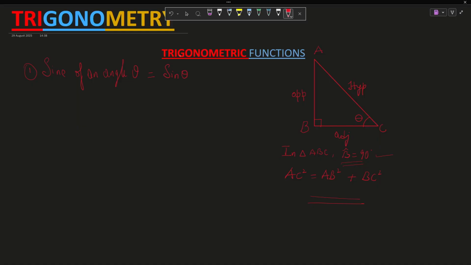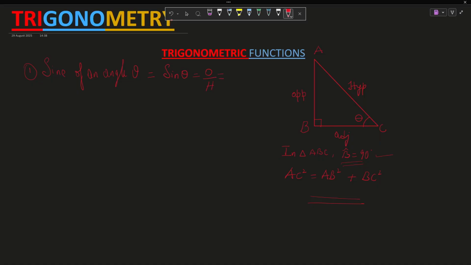Remember, it is not sin theta, it is sine theta. According to the trigonometric functions, the ratio is going to be opposite side divided by hypotenuse. So sine theta is going to be opposite divided by hypotenuse.